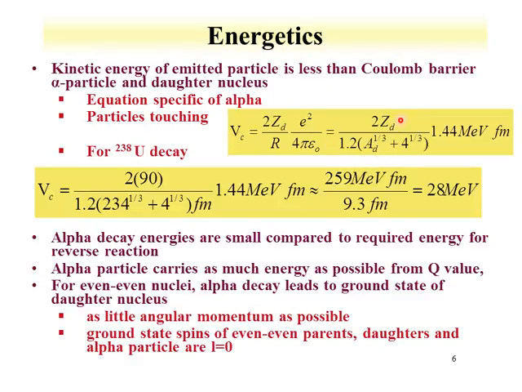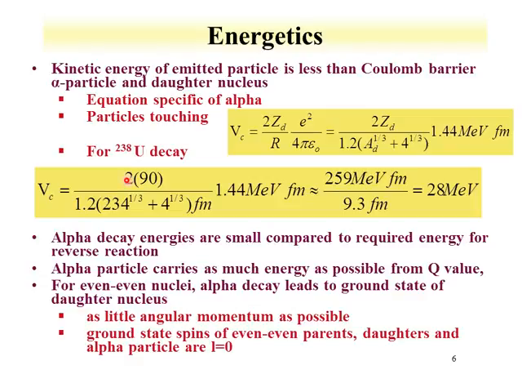Since we're solving this for alpha, the Z of the alpha particle is 2. So we'll rearrange this equation and plug in the values for the particle that we're interested in. Let's look at this for uranium-238.